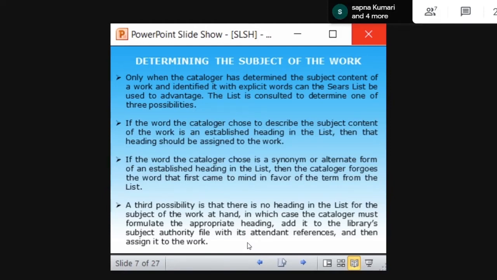In the third case, when no term is available, you see the appropriate heading under which the term falls, create a subject authority record and add references to it, and then assign it to the work. This is the protocol to be followed after determining the aboutness of the subject. The first step is aboutness, and now we have made use of the list to assign the subject heading.